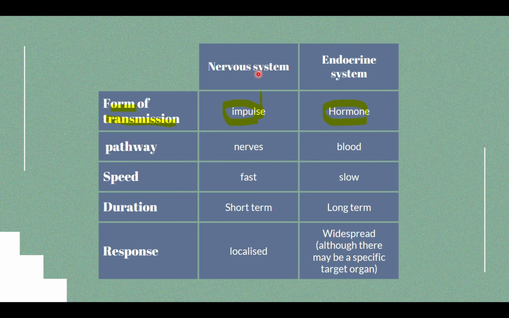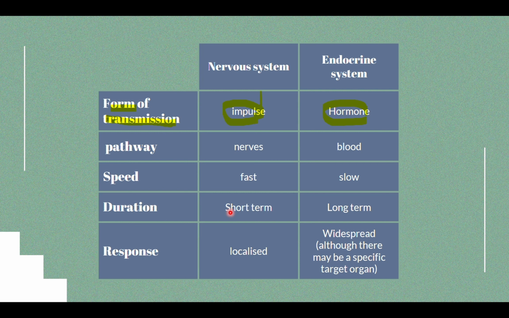The duration for the nervous system is a short-term response, it won't be for a long time. Let's say you stepped on a nail, you would have a very fast response. You just remove your foot, and that's all. While the endocrine system may require a long time for your heart rate to go back to normal.